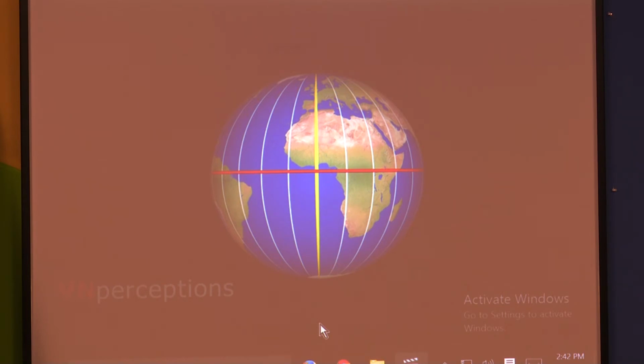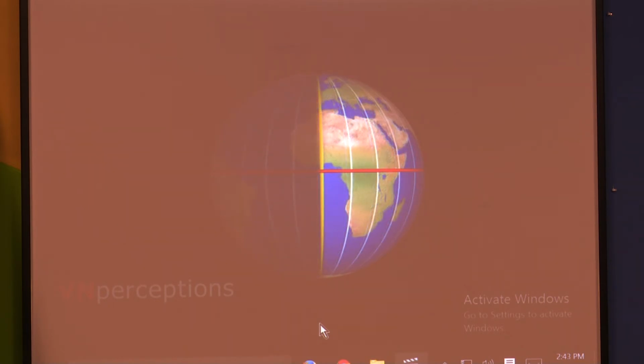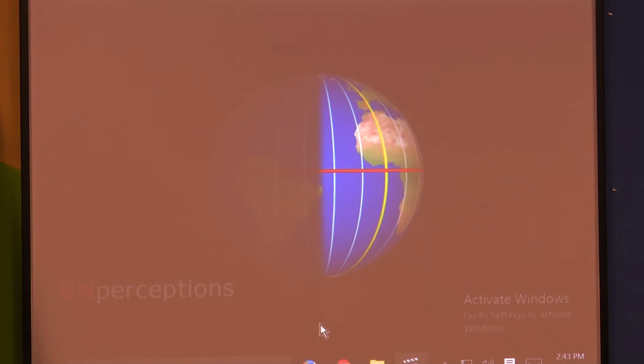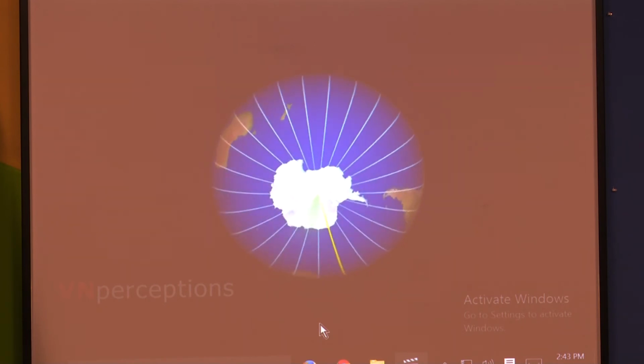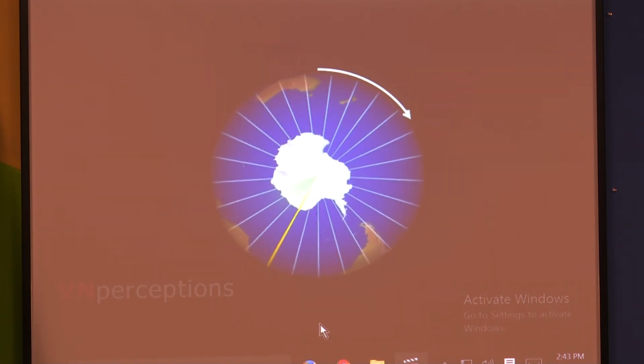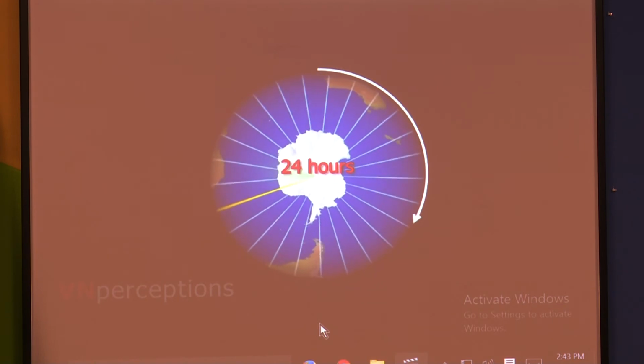There is a relationship between longitude and time. As the earth rotates, every place has its sunrise, sunset and noon. The earth completes one rotation in approximately 24 hours.